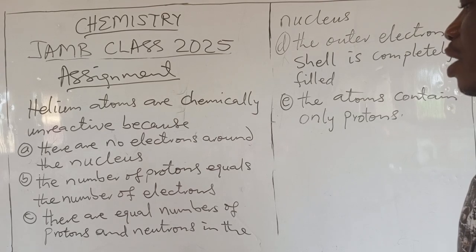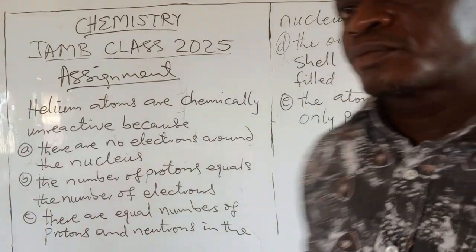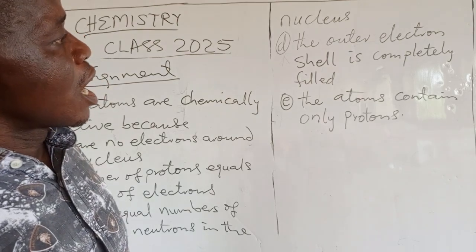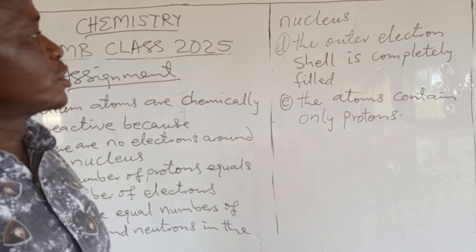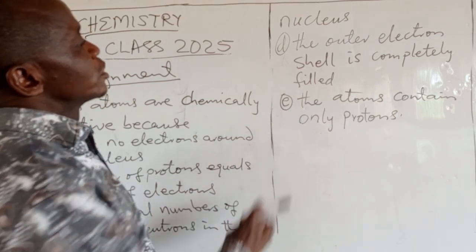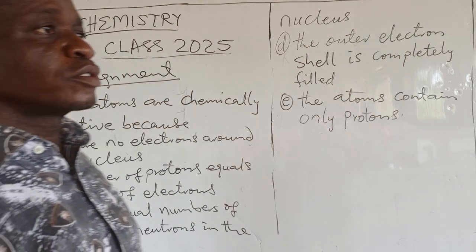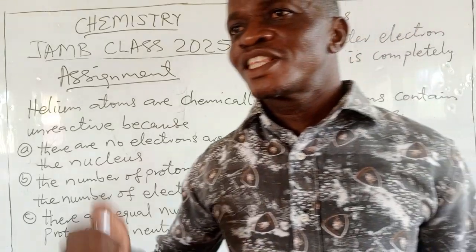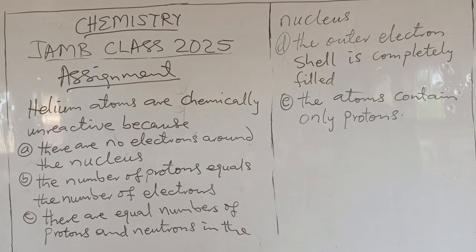C, there are equal numbers of protons and neutrons in the nucleus. D, the outer electron shell is completely filled. E, the atoms contain only protons. So look for the answer to this question and then let me see about it.